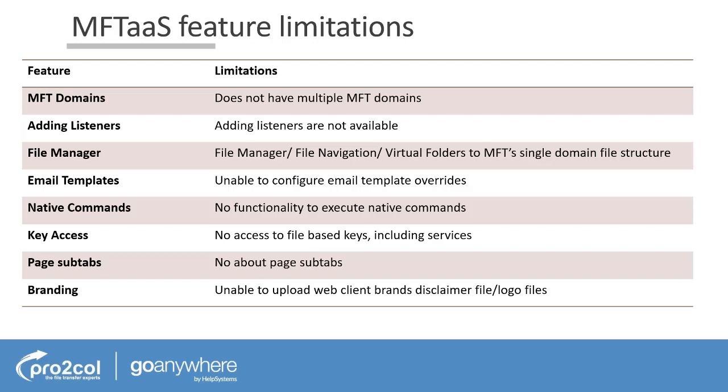Key point right at the very top there, some of you will be running GoAnywhere in multi-tenancy mode, whether that's for external brands or internal divisions, and that's not currently available in the SaaS solution. Most of the other things in there are really linked to the fact that you don't have access to the base server, and the way that you can configure some of those base modules therefore is restricted.